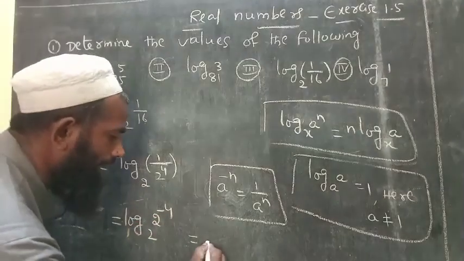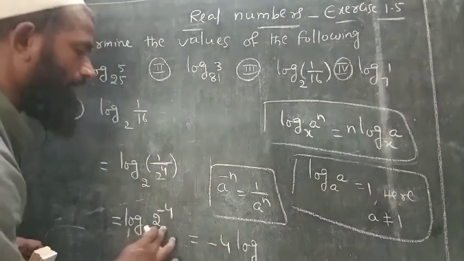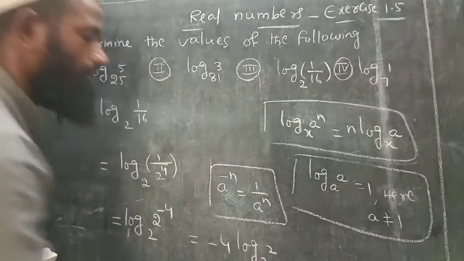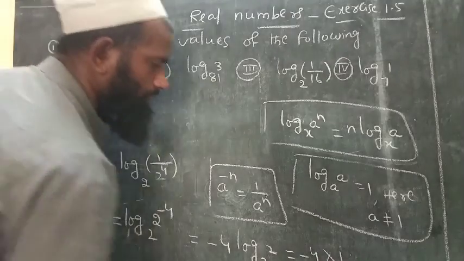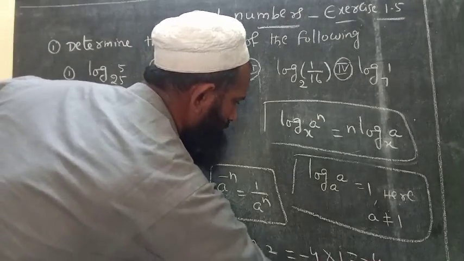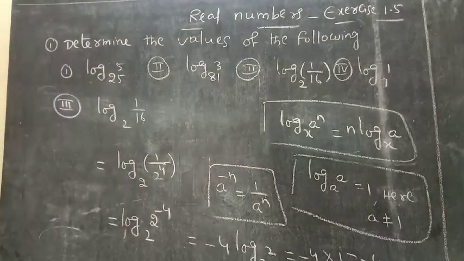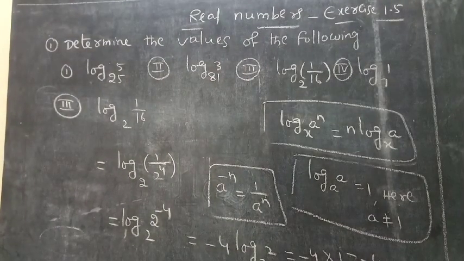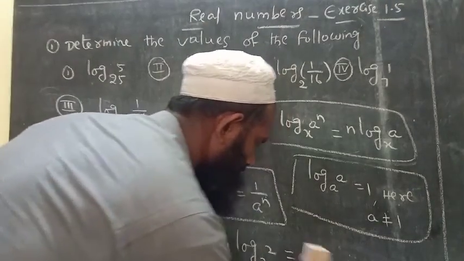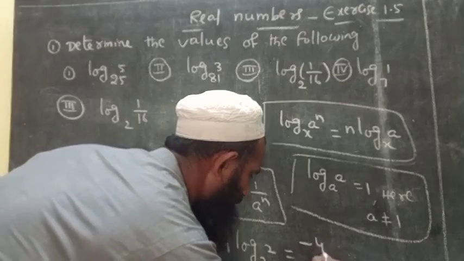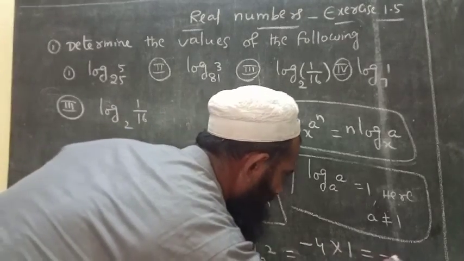What is the formula? Here n is minus 4, and log a base a, that is log 2 base 2. Log of any number to the same base is 1. So what is the answer here? Minus 4. From this we get minus 4 as the answer.